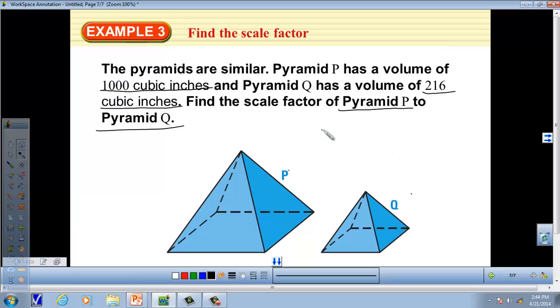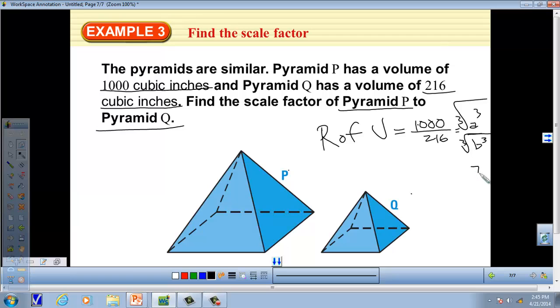So we would say that the ratio of volumes for P to Q would be 1,000 over 216. And remember that this is A cubed over B cubed. So what we want to do is go ahead and do the cube root of this, because that is a perfect cube, and do the cube root of this.